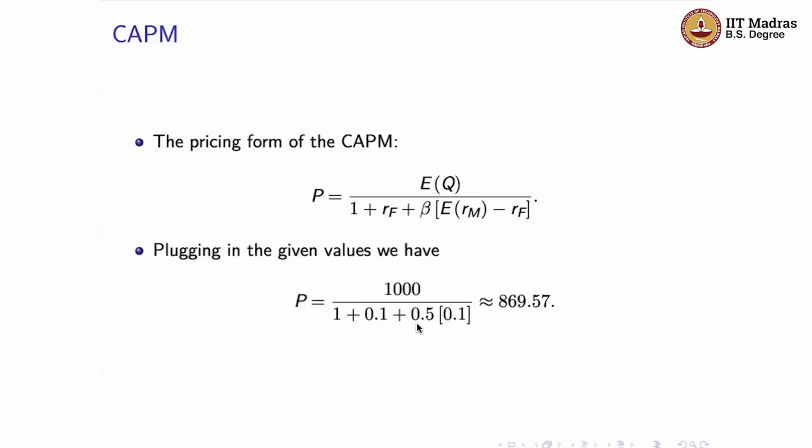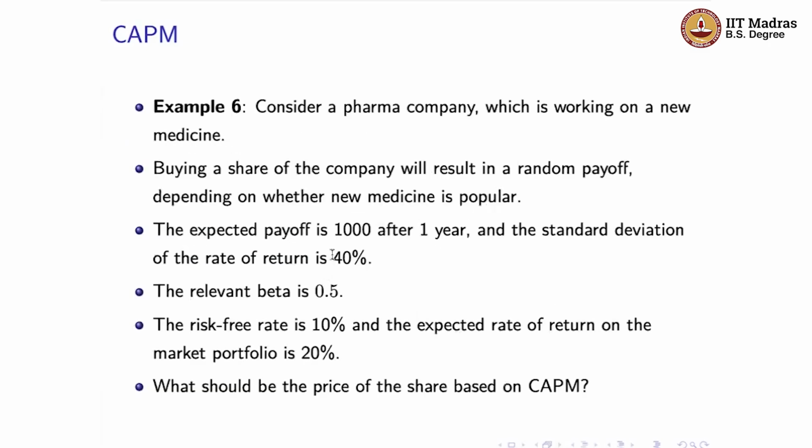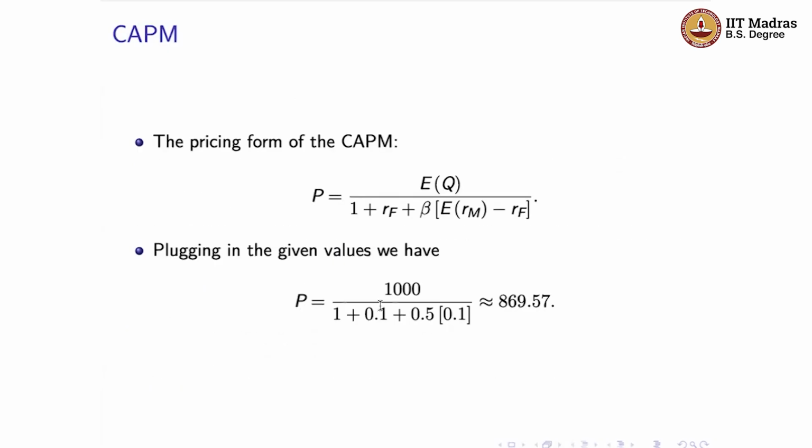Beta is 0.5 and the risk premium is 10%, so 0.1. Notice that this 40% is not playing a role anywhere. This goes back to the point that the standard deviation does not matter once you have taken into account beta. Based on that, you can do the calculations and you will see that this is approximately around 870.